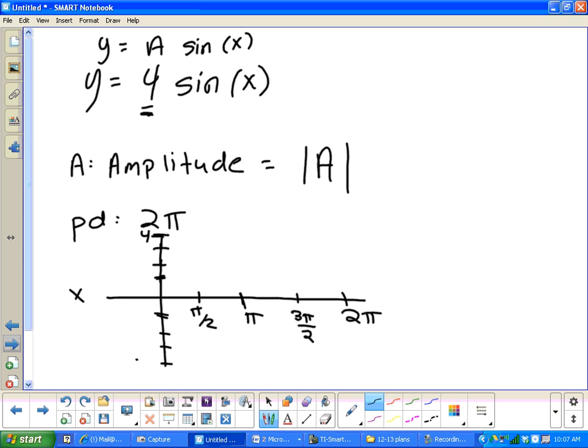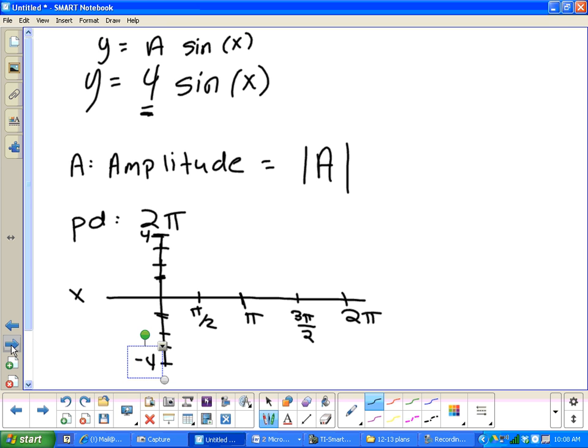You don't really have to count out like that. You just go up a little bit and call it 4, go down a little bit and call it -4. Really, all these graphs are going to look the same. What's going to change on them is the numbers. That's really all that's going to change.